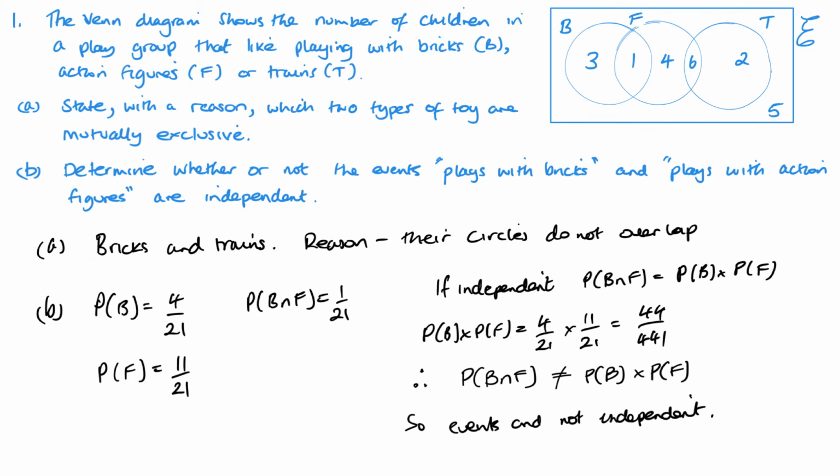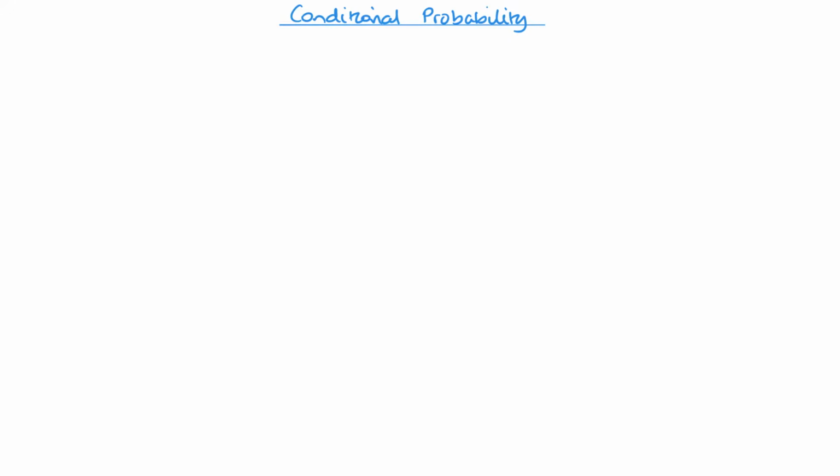Simple as that. Next, we're going to very briefly mention conditional probability. This is something we've already talked about within Venn diagrams, and it's the probability of an event happening given that another event has already happened.